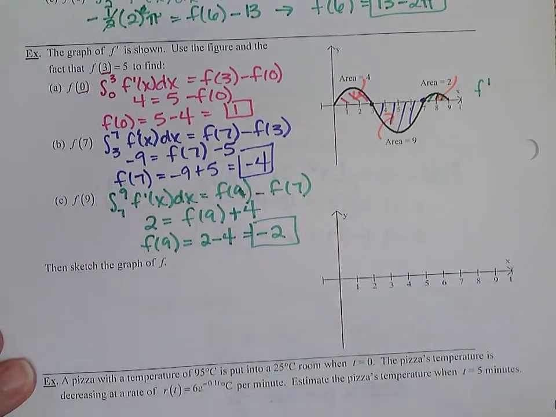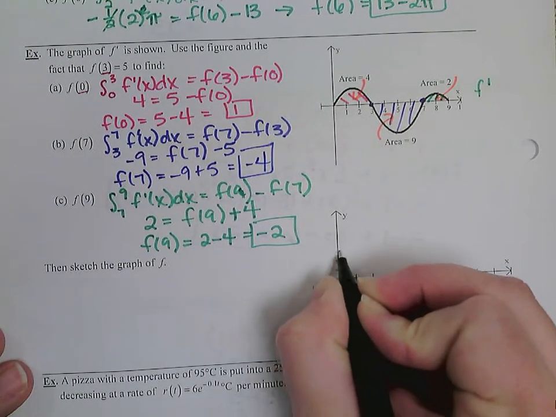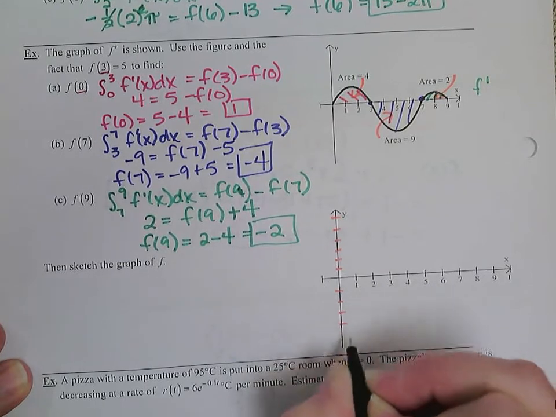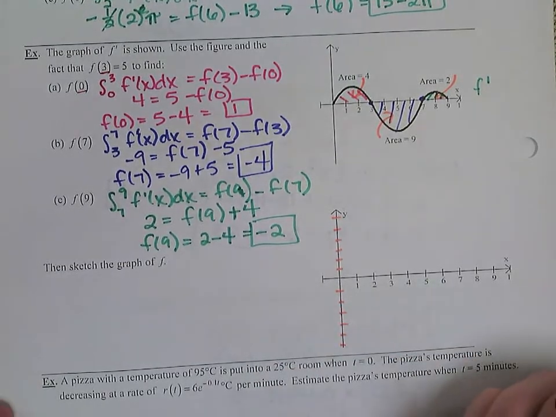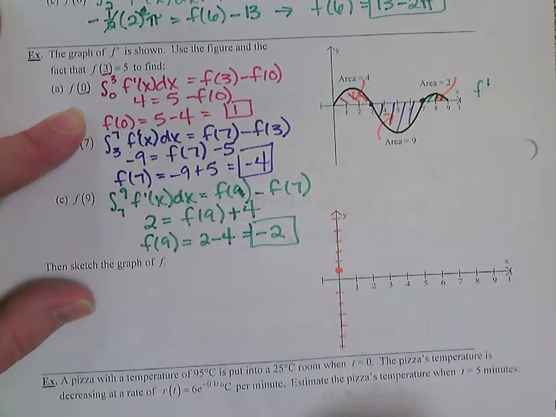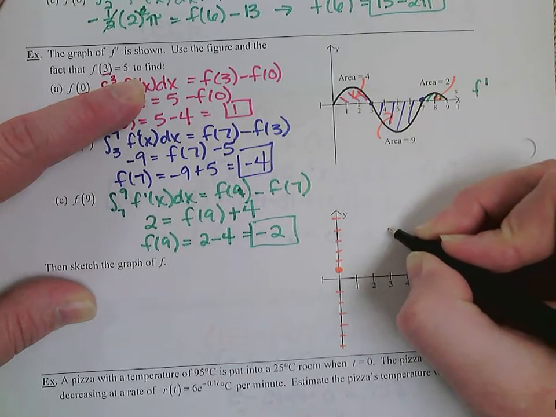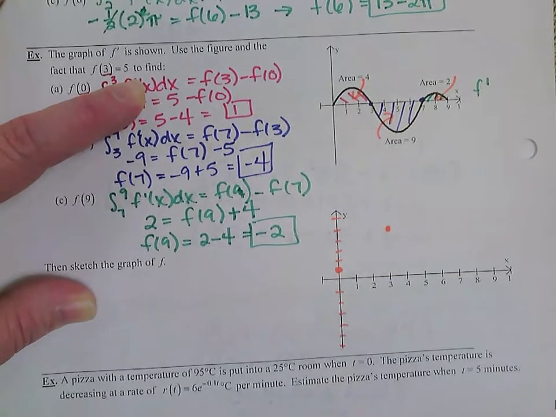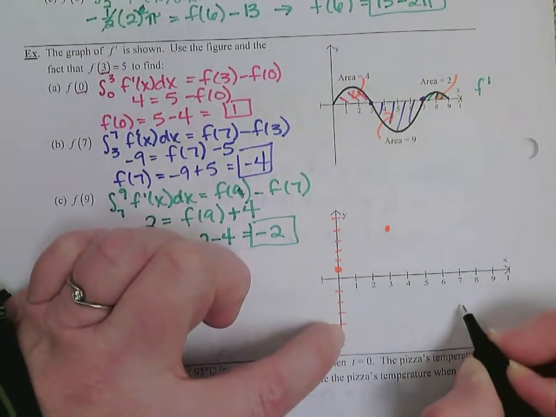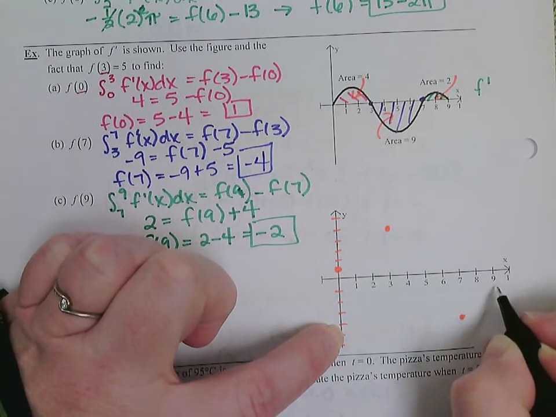So I'm going to just kind of scale this. 1, 2, 3, 4, 5, 6. 1, 2, 3, 4, 5, 6. F of 0 is 1, so we'll put a point there. F of 3 is 5. F of 7 is negative 4. 1, 2, 3, 4 is about there. And f of 9 is negative 2.